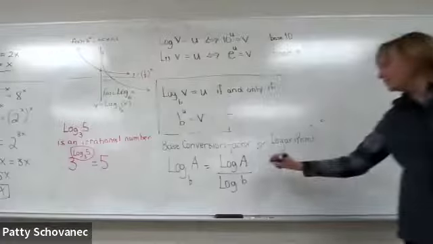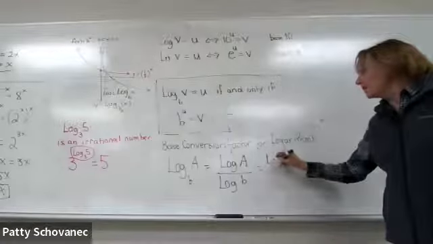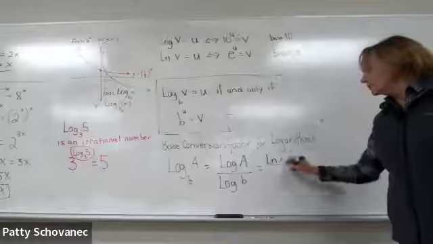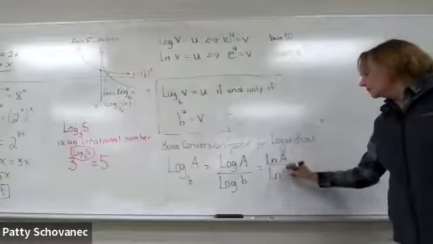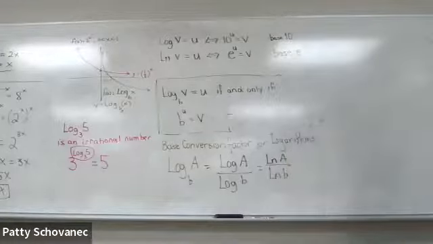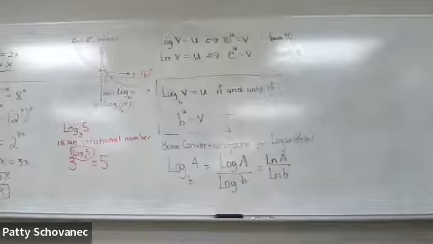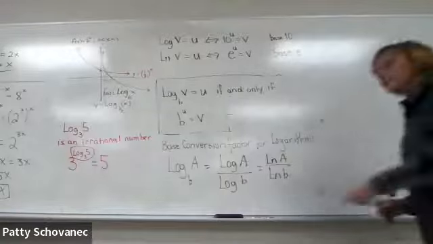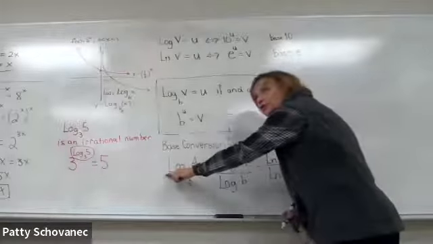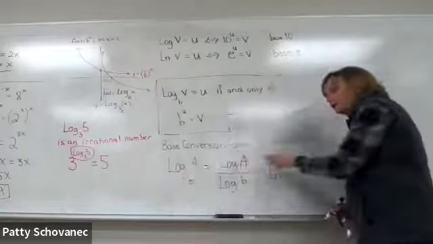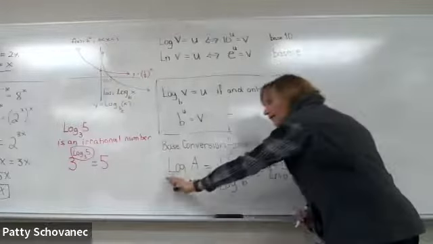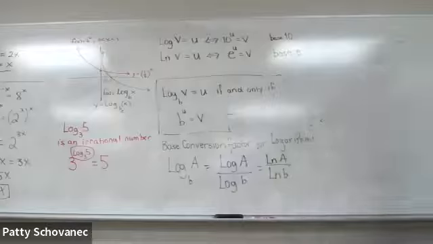So I can write this conversion factor also in terms of a natural logarithm. If for some goofy reason I wanted to use a log base 2, I could also write this in terms of a log base 2. It's an easy formula to remember because you pick the log base that you want and put this part in the numerator and that part in the denominator.